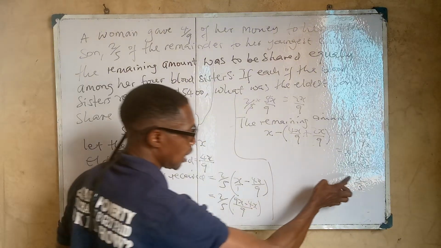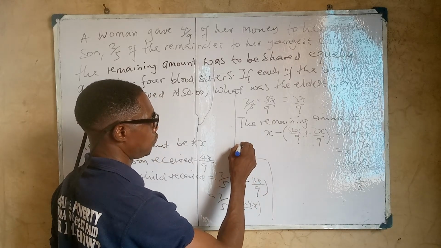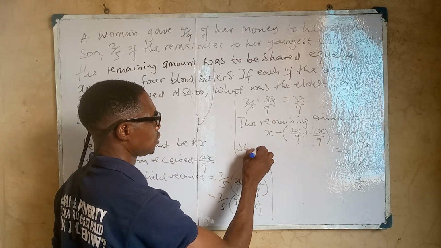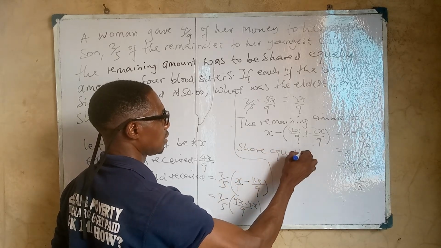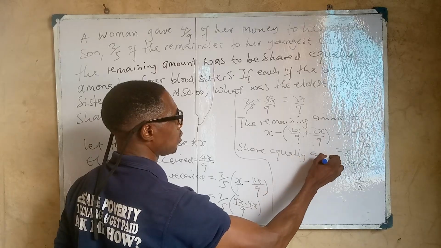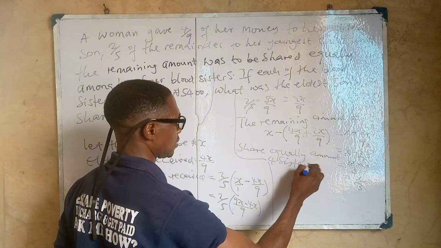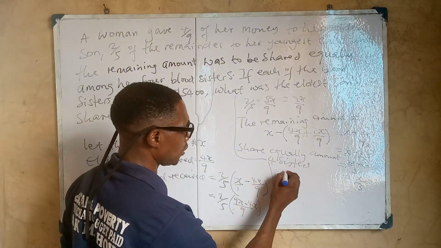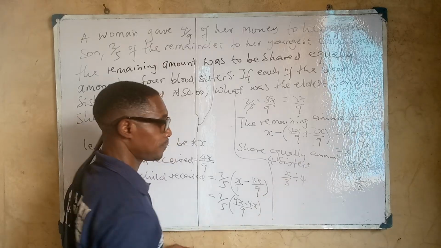So we are going to share this among 4 blood sisters, meaning that we are sharing x over 3 divided by 4.